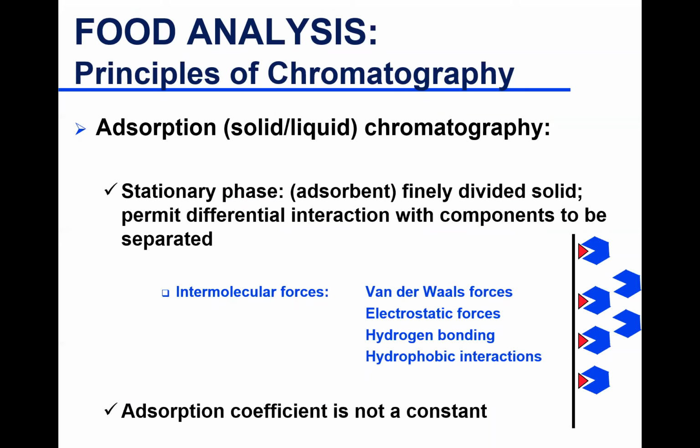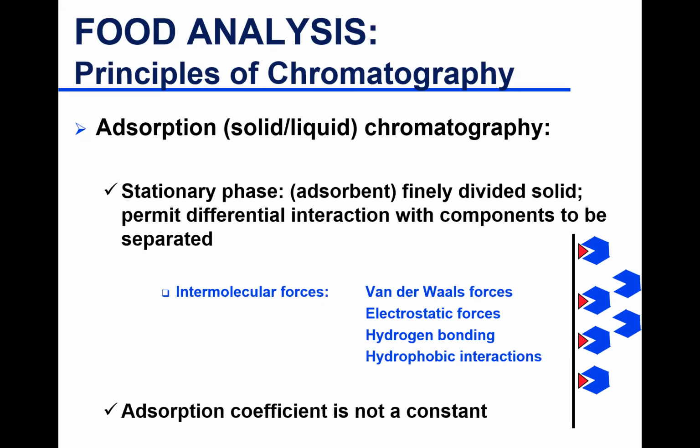So the different components are adsorbing via different intermolecular interactions or forces. And these are all non-covalent. You do not want your components to covalently link to the stationary phase, and it's really tough to break these bonds and let them out. So we want to have interactions that are non-covalent, and the most common interactions for adsorption chromatography are van der Waals, electrostatic, hydrogen bonding, and hydrophobic interactions.